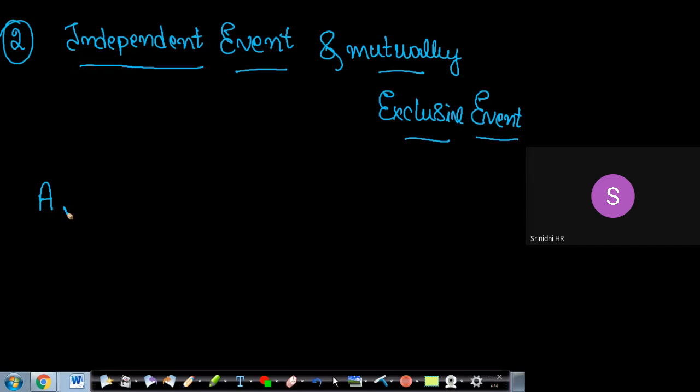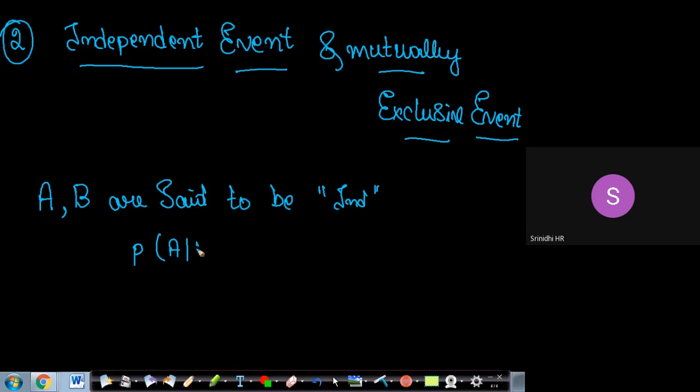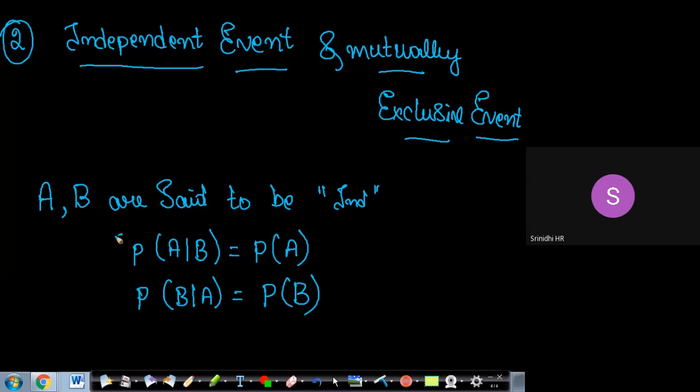A and B are said to be independent when, please observe this, the probability of A given B is equal to the probability of A, and the probability of B given A is equal to the probability of B. If you understand this, you can tell that it is independent.